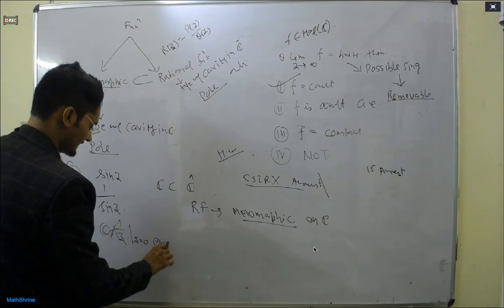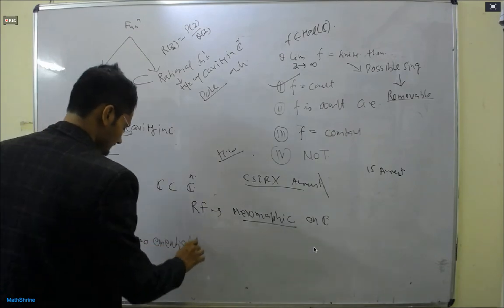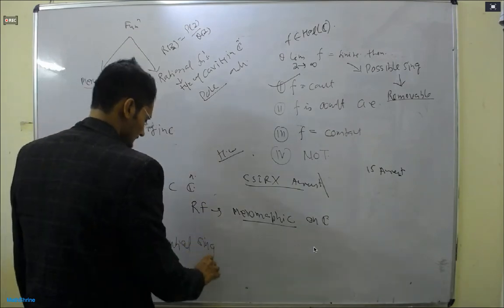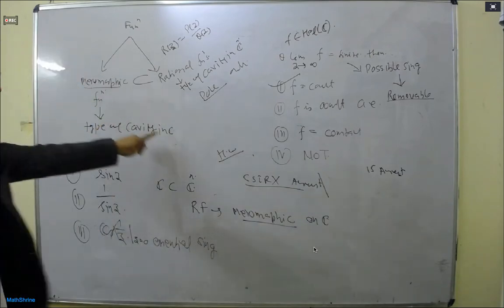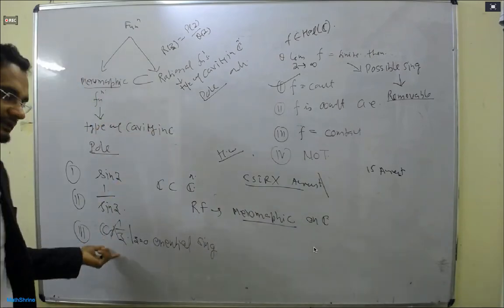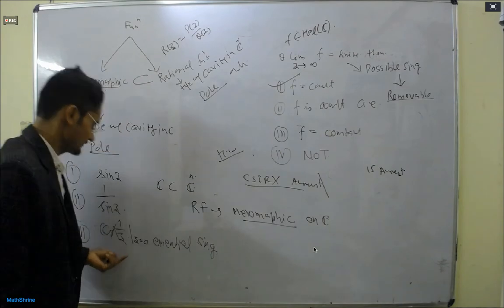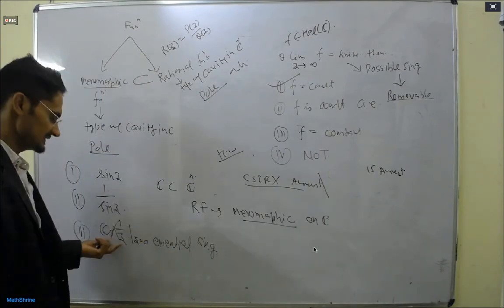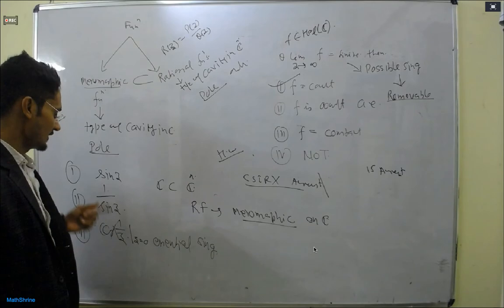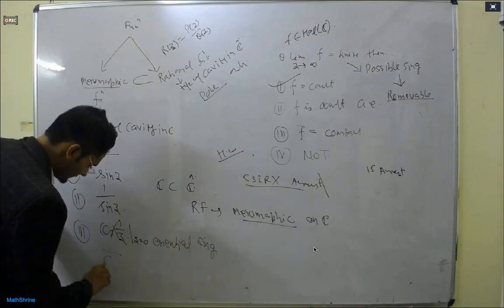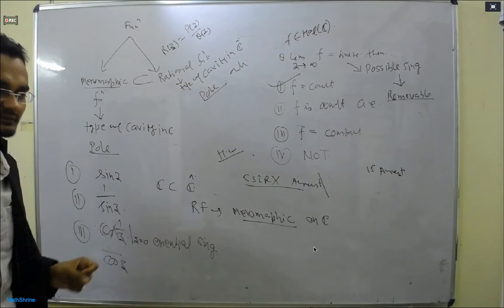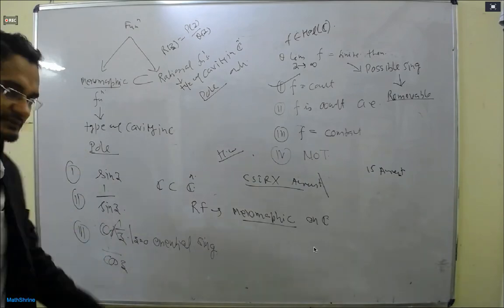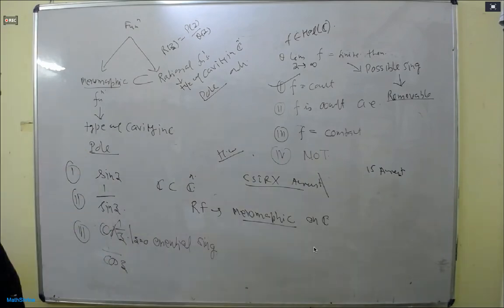But for meromorphic inside C, the function should have only which kind of singularity? Only the pole singularity. Here z equal to 0 is an essential singularity, so this is not. 1 over sin z is meromorphic. 1 over cos z is meromorphic. Many more functions we can write. So these are meromorphic functions, but these are not rational functions.